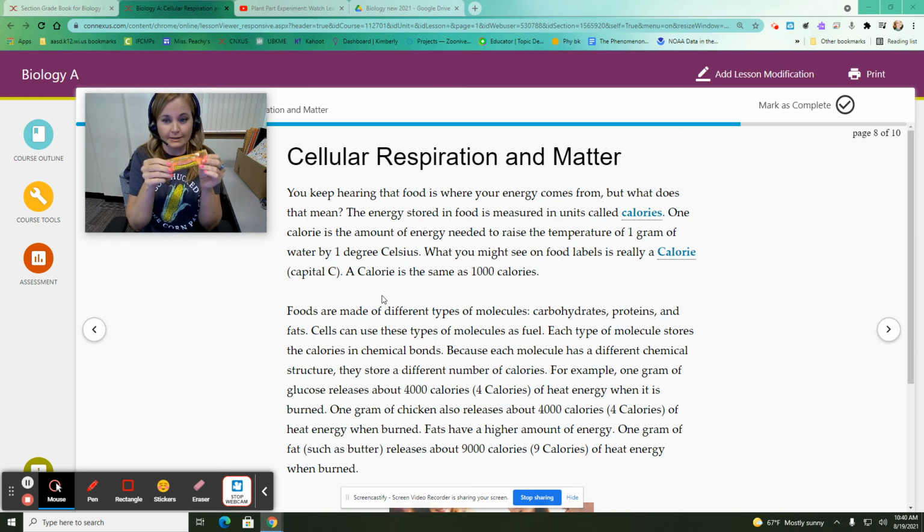Since there's 170 calories in here, we could multiply that by 1,000 to get the amount of energy. So 170 calories is equal to 170,000 little calories. That's a lot.